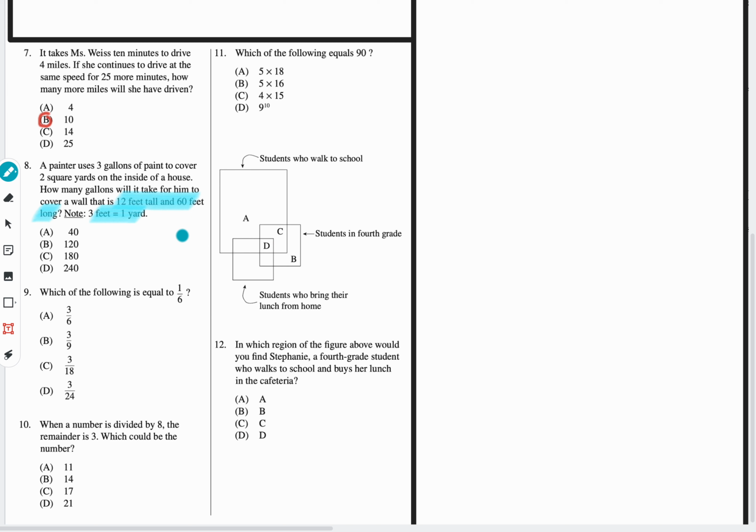Note 3 feet equals 1 yard. Let's divide 12 by 3. And let's divide 60 by 3.